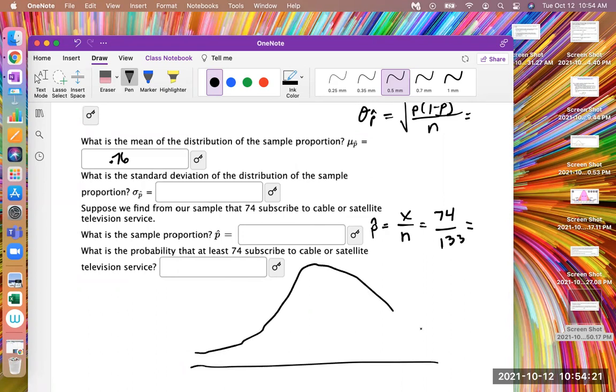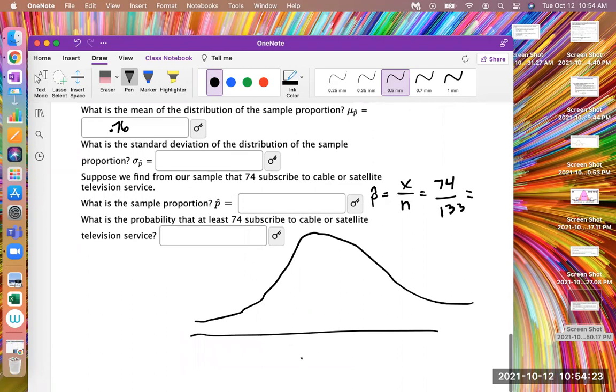These are proportions, sample proportions, on the bottom here. These numbers along this x-axis are decimal numbers, and 74 is not a number along this x-axis.